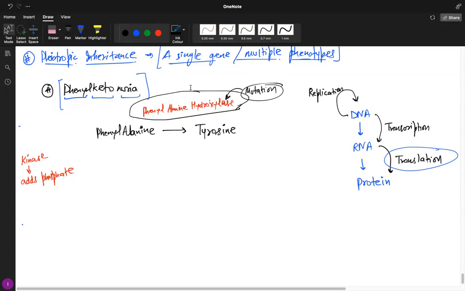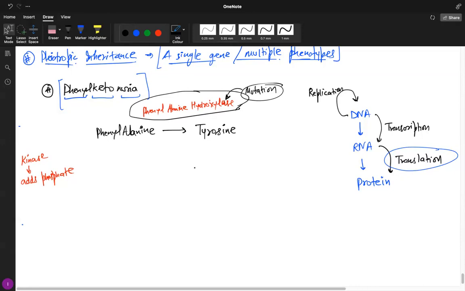So there is a single gene which gives rise to this enzyme. And if that gene is mutated, so you write down, in phenylketonuria, the gene that codes for the enzyme phenylalanine hydroxylase gets mutated. So there is a mutation on that gene.